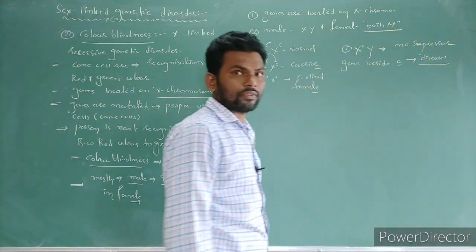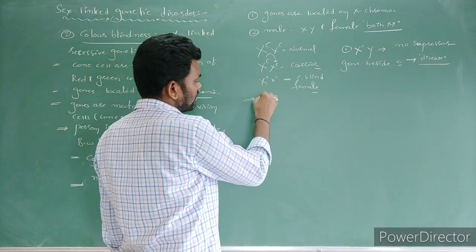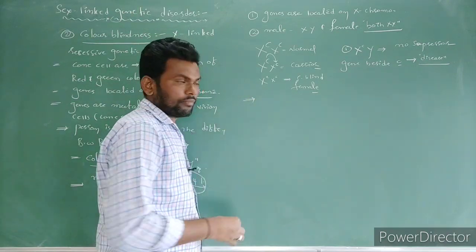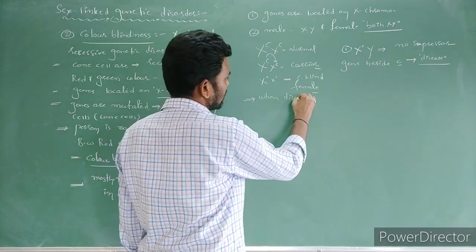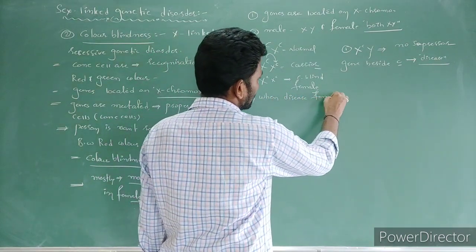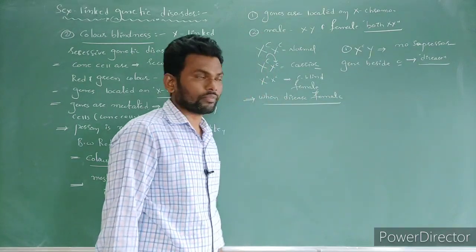Got the point? Next, when are diseased females formed? Which disease? The genetic disease, color blindness.